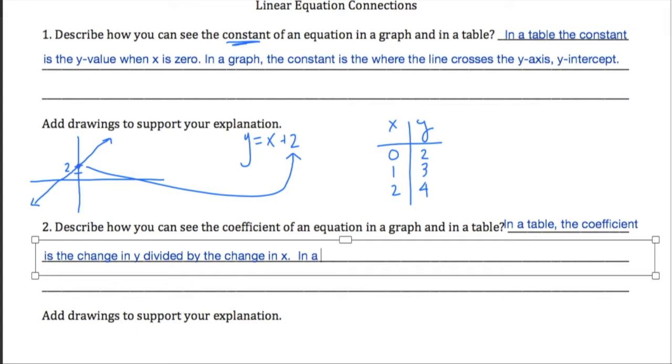In a graph, the coefficient is the rise over the run.